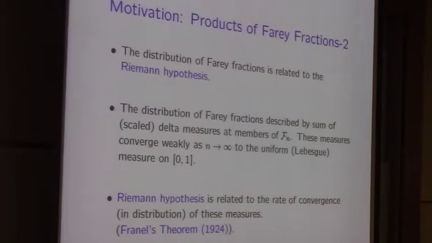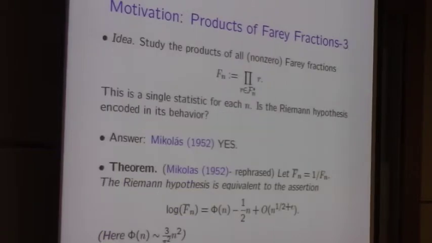It's been studied rather extensively for the last 70 years. Okay. So if you consider the product of the Farey fractions, that is sort of sampling the Farey fractions with respect to a measure that's not the uniform measure. It's a measure scaled by the logarithm. If you take the logarithm of this number, then you're taking an average of the logarithms of the Farey fractions.